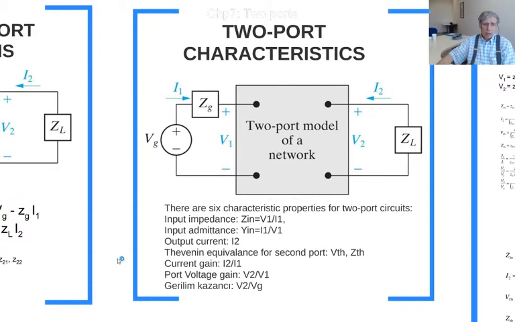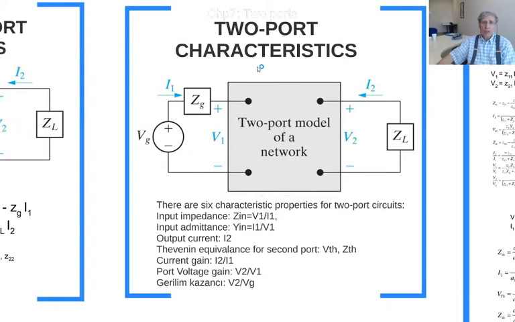What is it? There are 6 characteristics that we are going to mention here. Input impedance, input admittance, output current, Thevenin equivalent for the second port, so that means this circuit here. So the 2-port circuit and this Thevenin equivalent circuit, Thevenin equivalent is this. So we are talking about the Thevenin equivalent circuit for the second port.